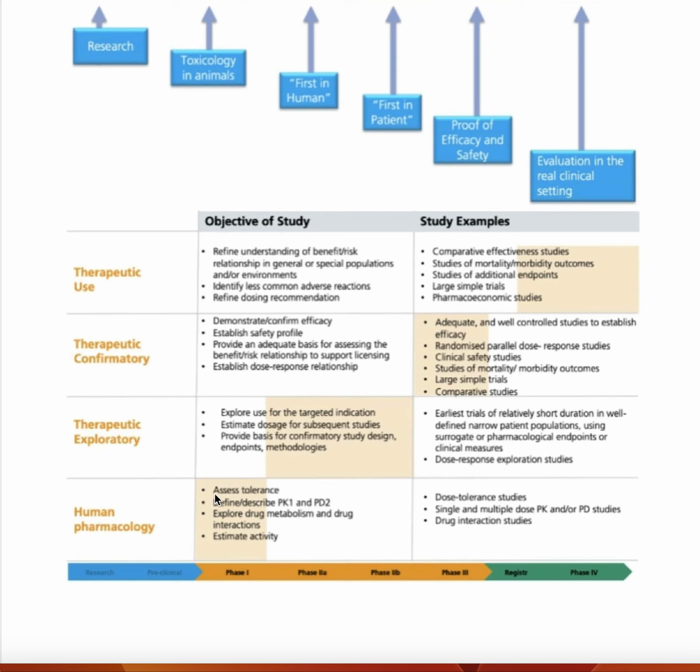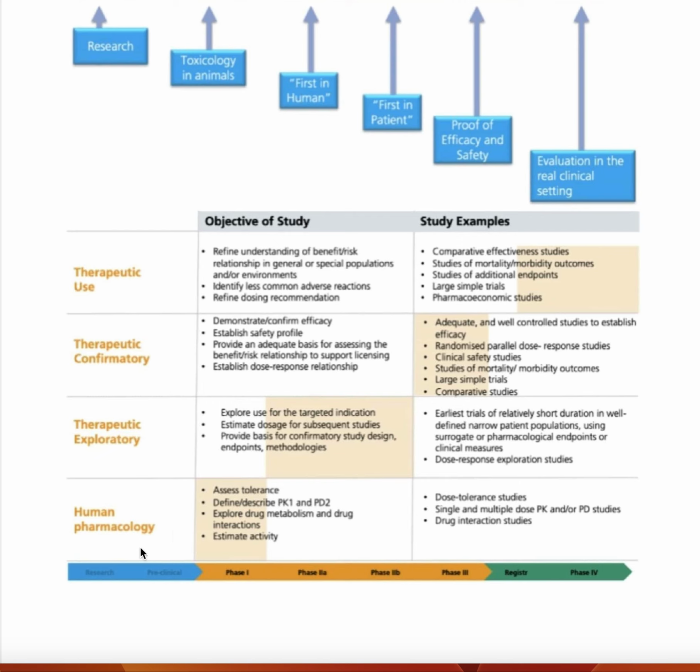The objectives, because it happens in healthy volunteers, are to assess tolerance, meaning how well they tolerate the effects of the drug, to describe the pharmacokinetics and pharmacodynamics of the drug, to explore drug metabolism and drug interaction, and to estimate the activity.